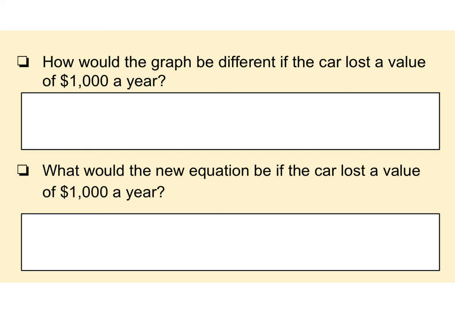All right, how would the graph be different if the car lost a value of $1,000 a year? So what if m was negative 1,000 instead of negative 2,500? The closer to zero a slope is, the flatter the line. You might remember this from looking at coronavirus data, especially early on when there was lots of talk of flattening the curve.